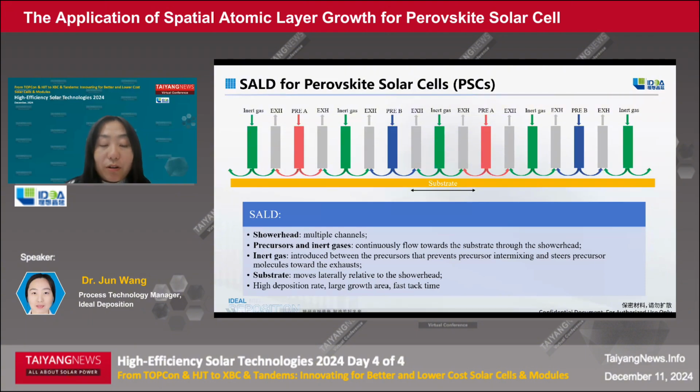SALD is a variant of ALD that features spatial rather than temporal separation of precursors, where purge steps are not needed, thus increasing the deposition rate by orders of magnitude compared to ALD. In SALD, the precursor and the inert gas are continuously flowed toward the substrate through a shower head with multiple channels.